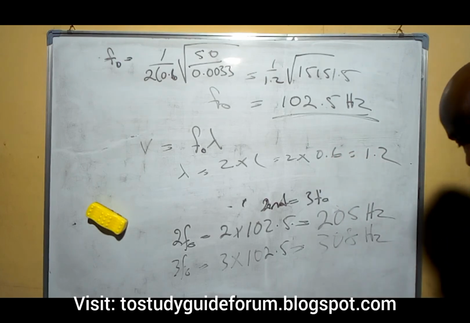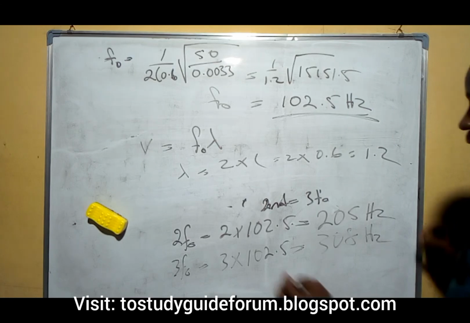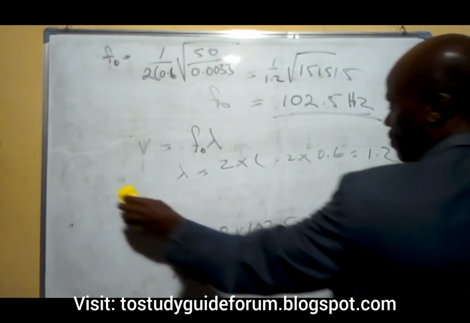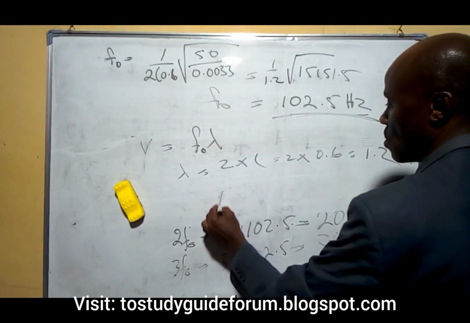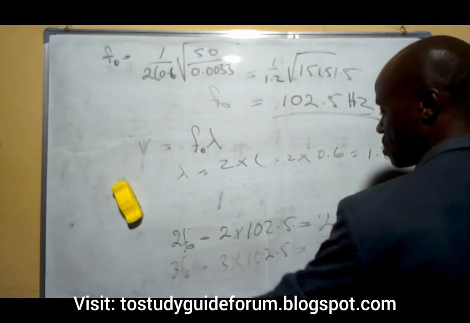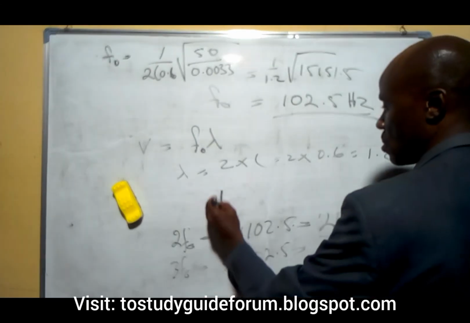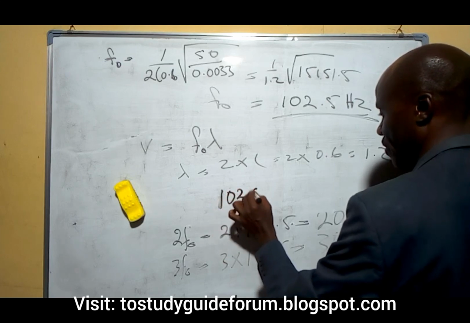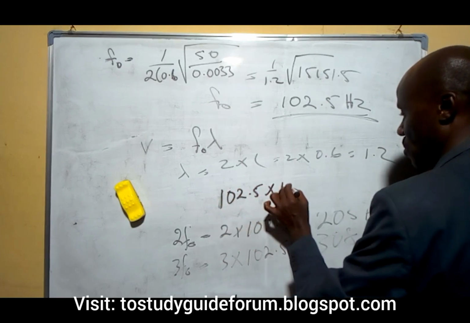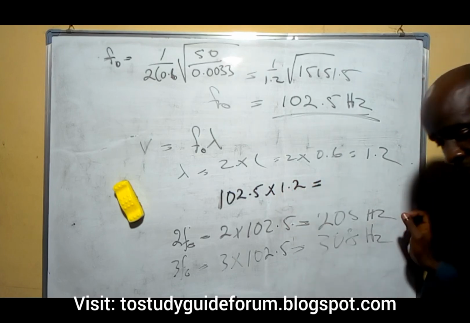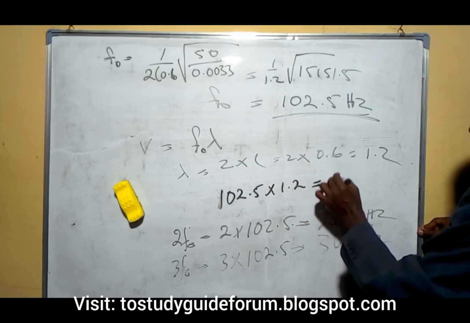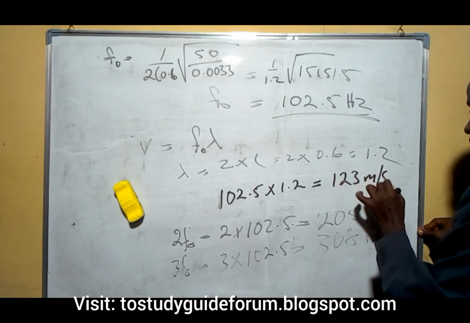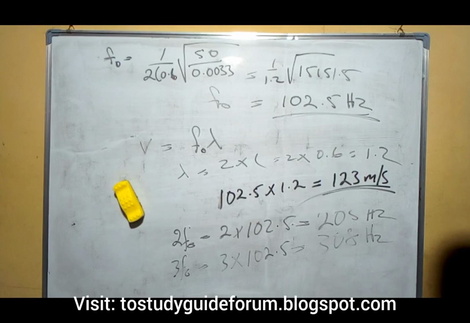So the next thing we do here is that we multiply it with our fundamental frequency, 102.5 times 1.2. That will give us 123 meter per second. That's the final answer.